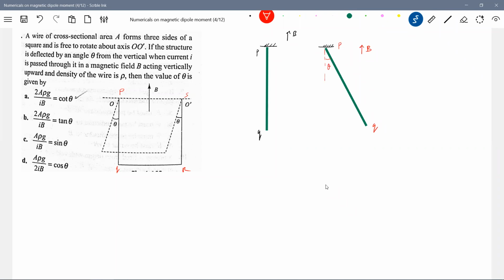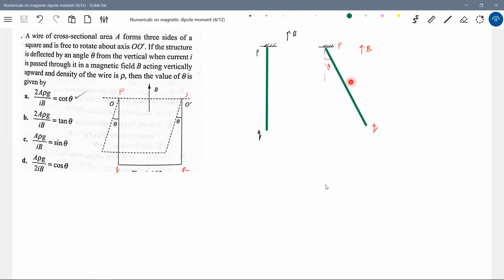Now it's telling us it's in equilibrium. How is it possible? I'm going to pass a current. Let's not bother how that current flows. There is some mechanism here. I'll connect a battery. A current I will flow in this direction. A current will be flowing here.